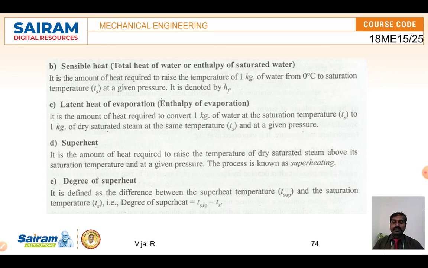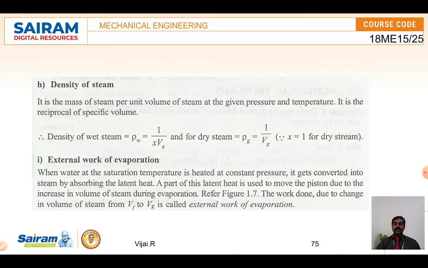The heat required to raise the temperature from dry saturated to the superheated stage is called superheat. The degree of superheat is the difference between the superheated temperature and the saturation temperature.